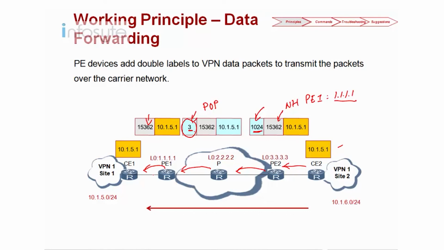So when we have an MPLS VPN service, these are the things we need to be aware of. First, we need to have an IGP in the ISP. Second, we need to have a basic MPLS to form the LSP.